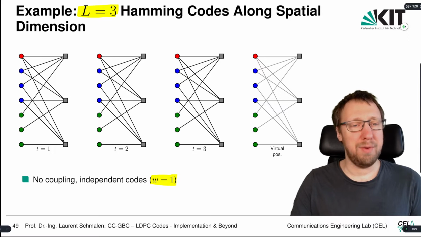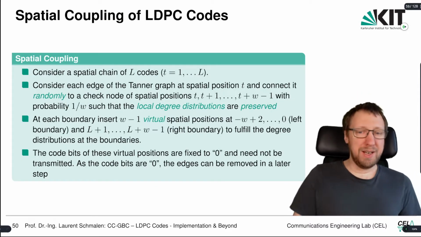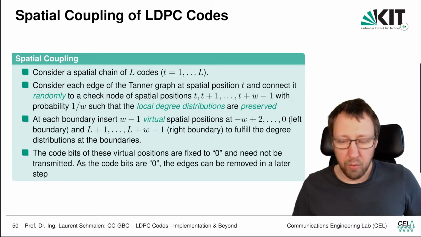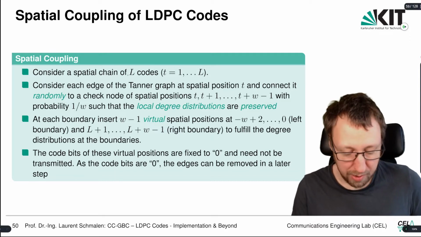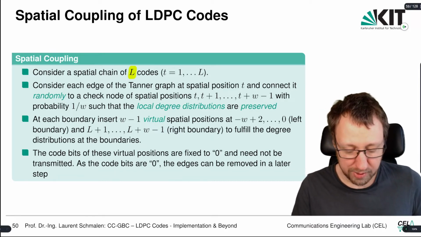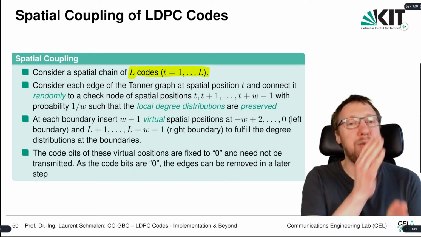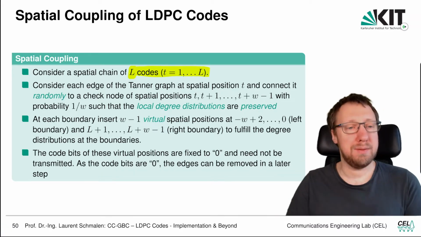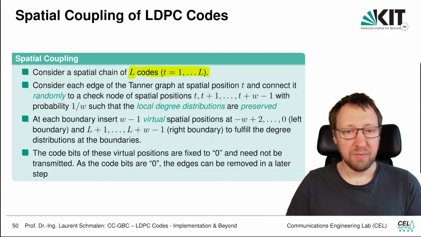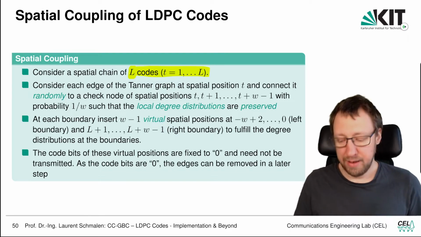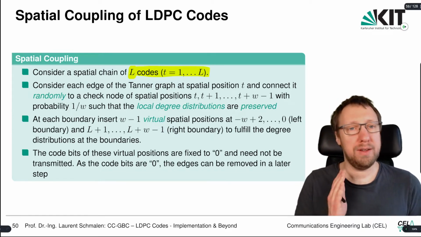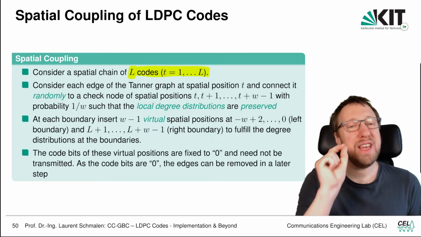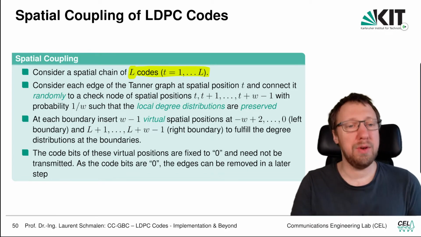So now how does the coupling work? Spatial coupling works like this. We consider a chain of L codes, where L is the number of elements along the spatial dimension. And now we're looking at each edge of our Tanner graphs. We touch each edge of our graphs in the following way.